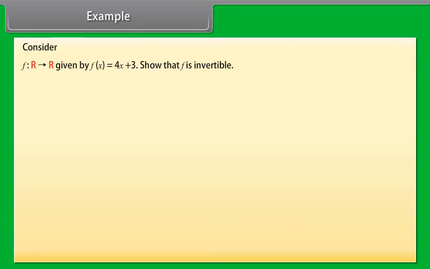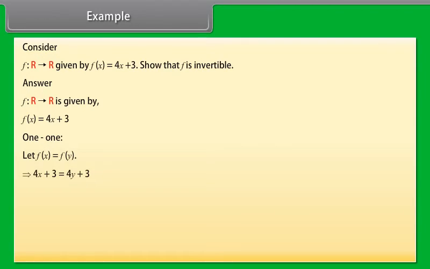Show that f is invertible. Answer. Function f from R to R is given by f of x is equal to 4x plus 3. 1-1. Let f of x is equal to f of y, which implies that 4x plus 3 is equal to 4y plus 3.